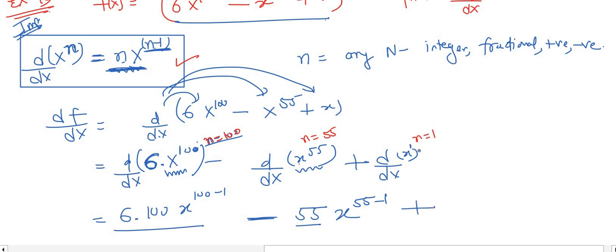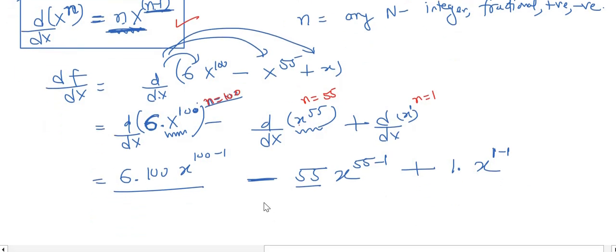So what is the power of x? It is 1, correct? So it will be 1 into x raised to power 1 minus 1. Look here, n minus 1 will be 1 minus 1. Okay. So let's simplify it.